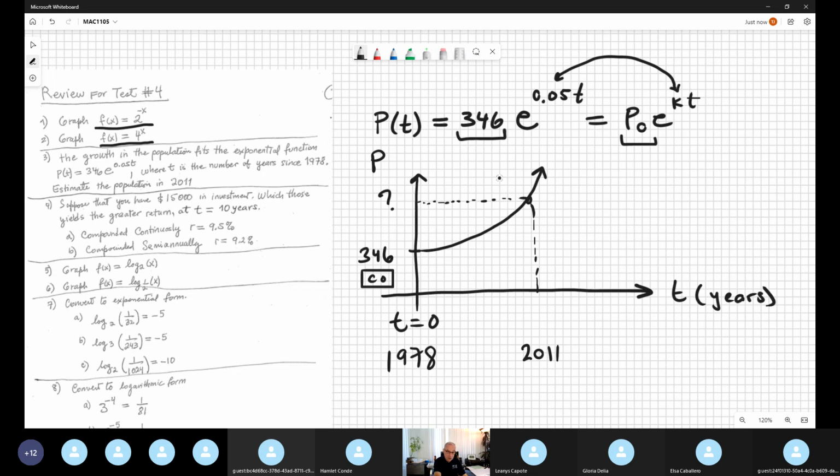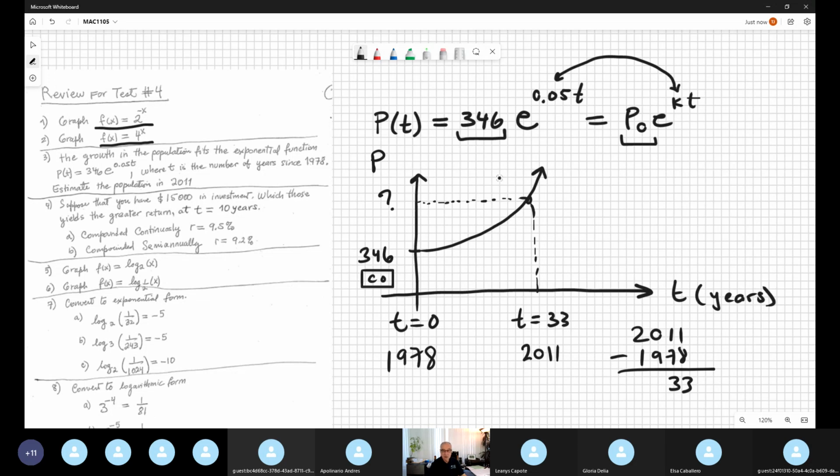Now I try to find the difference in years between 2011 and 1978. Okay, by the way, when you're subtracting, it gives me 33 years. Do you follow me? So the thing I did was subtracting 2011 minus 1978, 33 years.